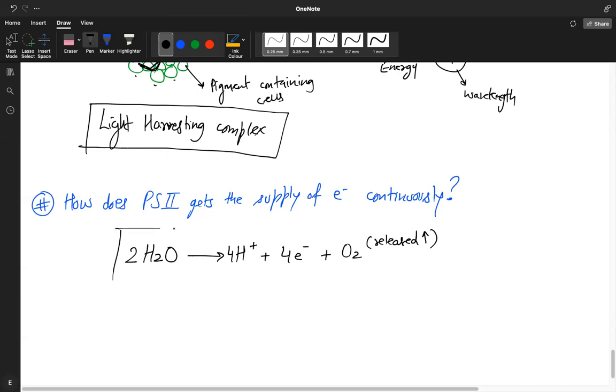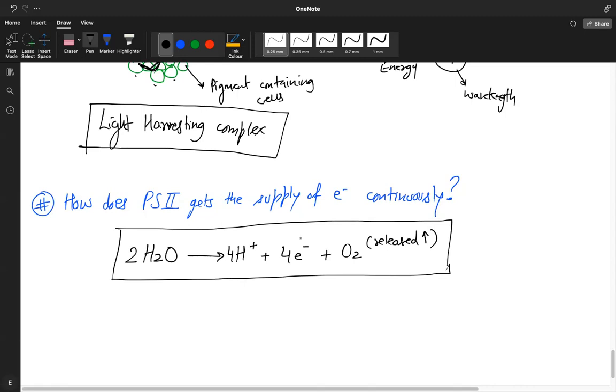This is the reaction from where this continuous supply of the electrons comes. So this is the electron which goes to PS2. Is it clear?